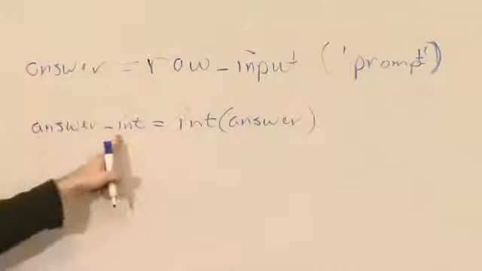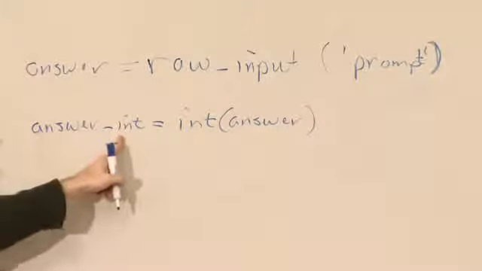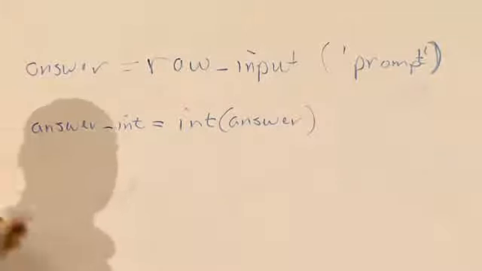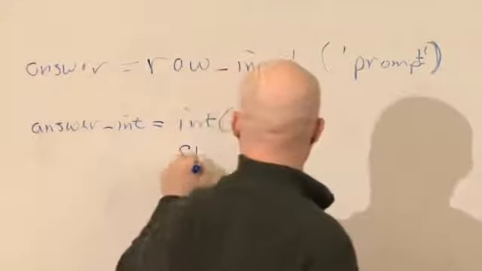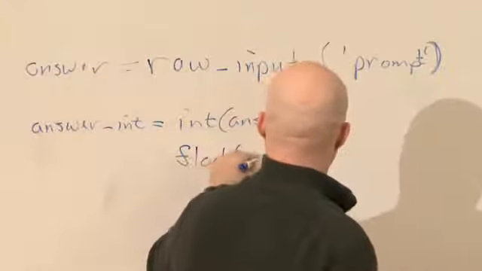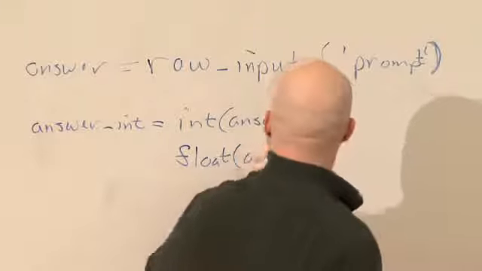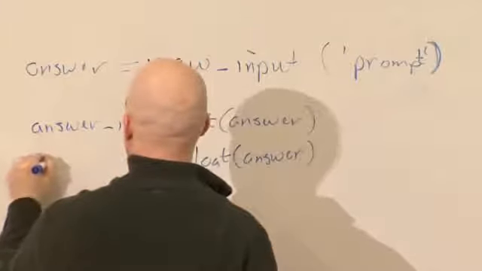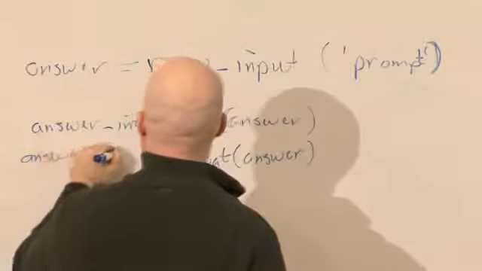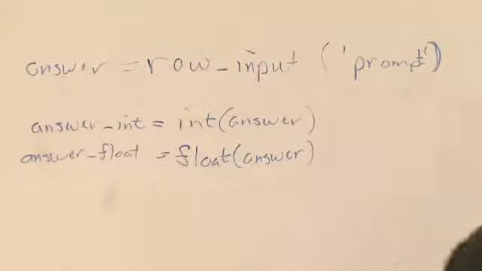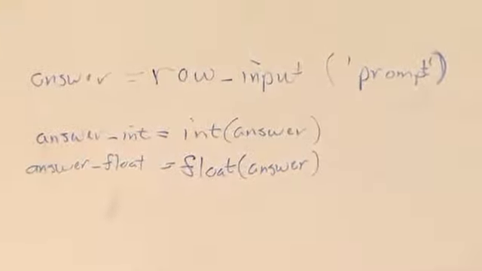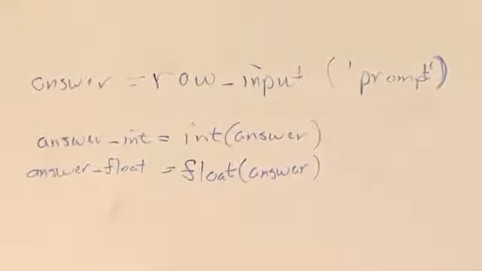So now this is an integer, and you can do math with it. Or you can also say, does that make sense? That's something that'll be useful in your problem set. So just FYI.